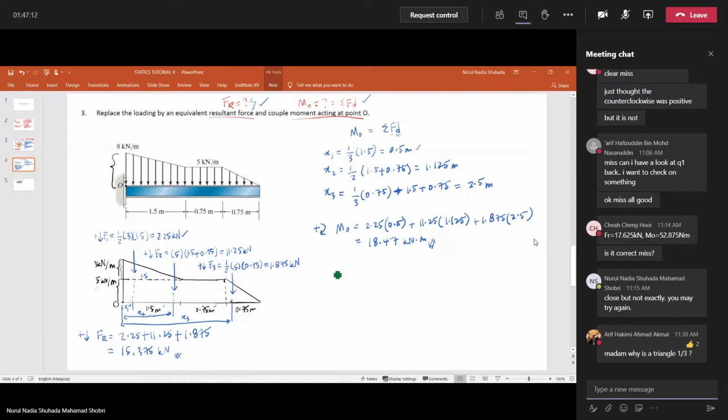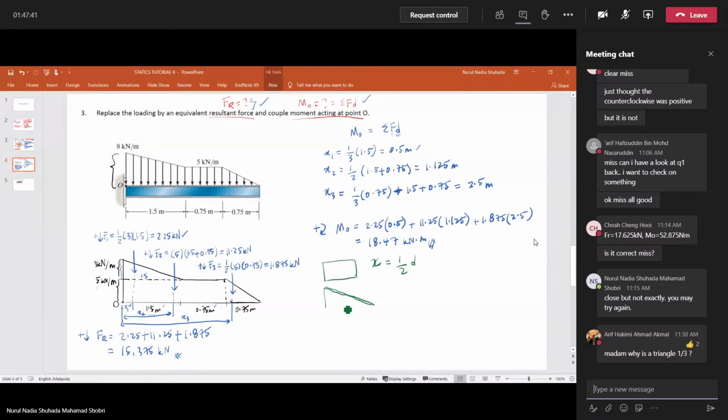So for the rectangle, this is to find the x, equal to 1/2 times the distance here, because the rectangle is shaped like this.